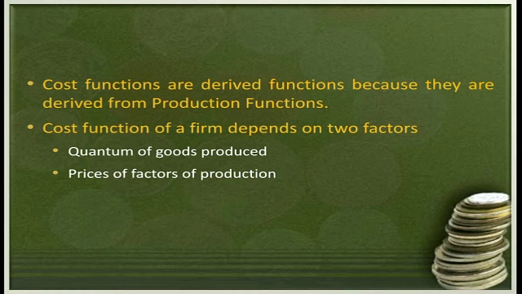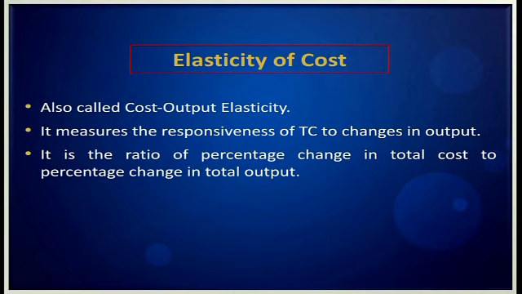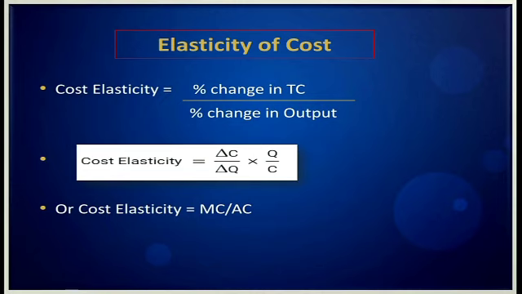And next, very important topic, elasticity of cost or cost output elasticity. It measures the responsiveness of total cost to changes in output, and it is the ratio of percentage change in total cost to percentage change in total output. That is, elasticity of cost is equal to percentage change in total cost divided by percentage change in output.